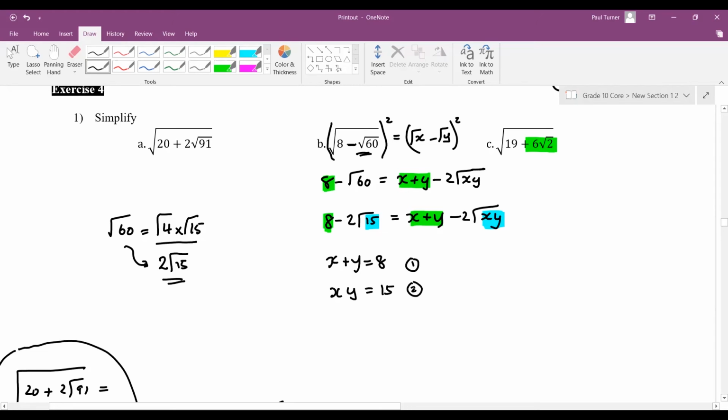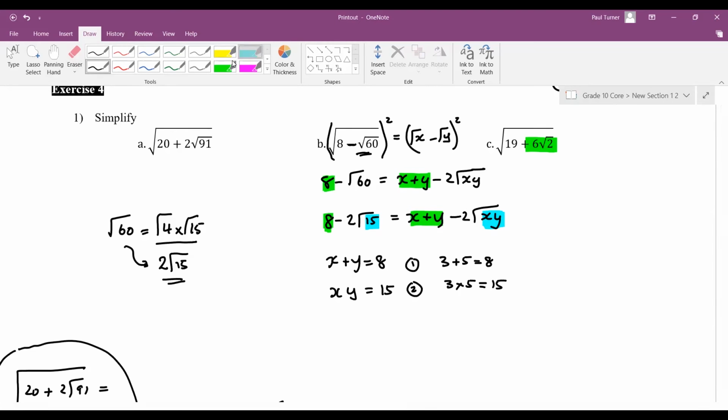Can we guess the two answers from that? What about x and y? What are they then? Well, let's write down the two values, because we need to consider what's happening up here. So your two values are going to be 3 and 5, aren't they? So 3 plus 5 is 8, and 3 times 5 is 15.